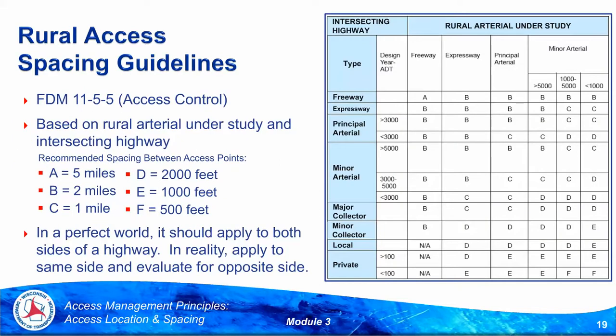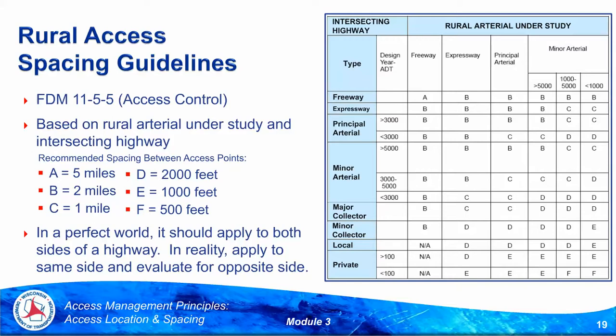Rural access spacing guidelines. This is table 5.1 in our FDM in section 1155. This shows the spacings required for various types of intersections depending on roadway type. It ranges from at the low end about 500 feet up to about 5 miles depending on roadway type.